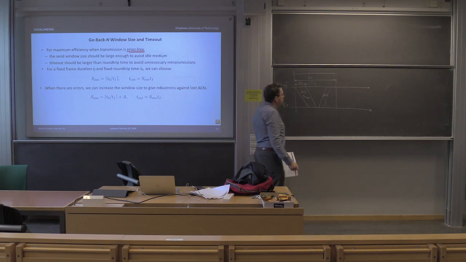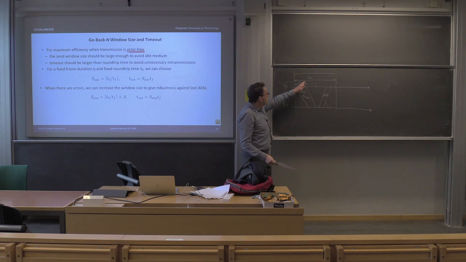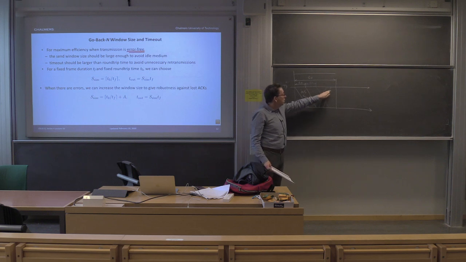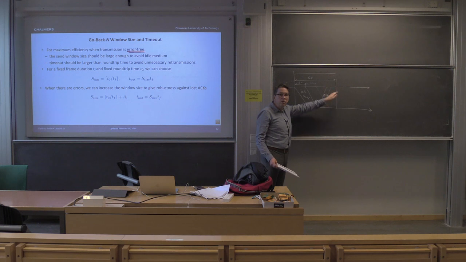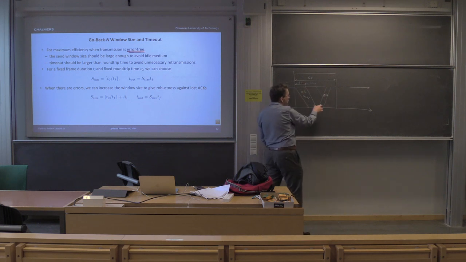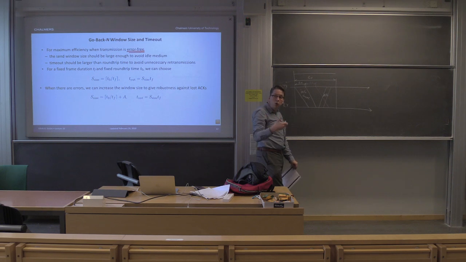And the timeout should never be smaller than T0, because if the timeout is smaller than T0, we never give the acknowledgement enough time to reach the transmitter again. We need to allow T0 seconds to go before we trigger a retransmission.